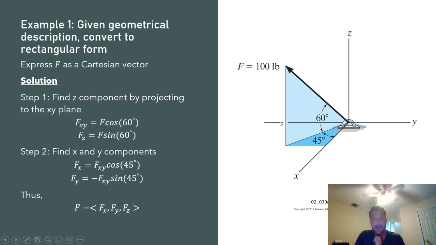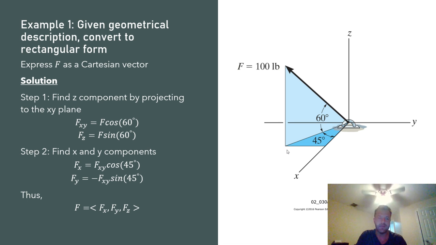What that means is you can compute this side length as the hypotenuse times the sine of 60. So decomposing this 100-pound force, we can find an equivalent component in the vertical direction by taking 100 times the sine of 60. In a similar fashion, if we take 100 times the cosine of 60, since SOHCAHTOA means adjacent over hypotenuse, we'll notice that that side length is the projection and lies perfectly in the XY plane.